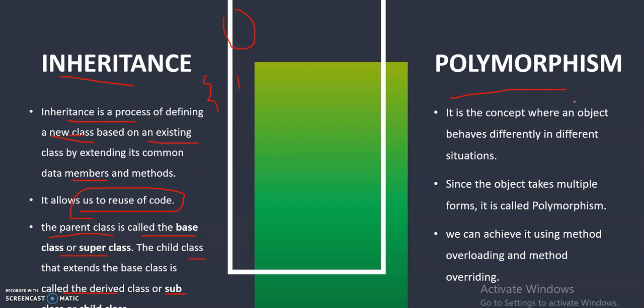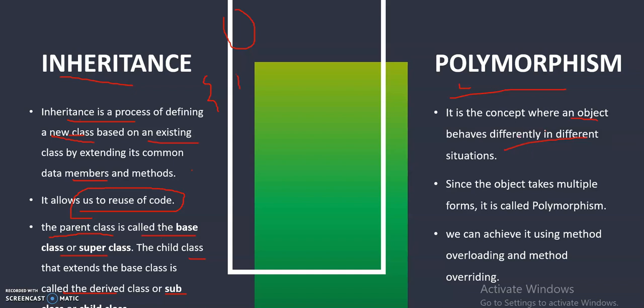Polymorphism is a concept where an object behaves differently in different situations. We create objects, and all the objects have the same common properties.